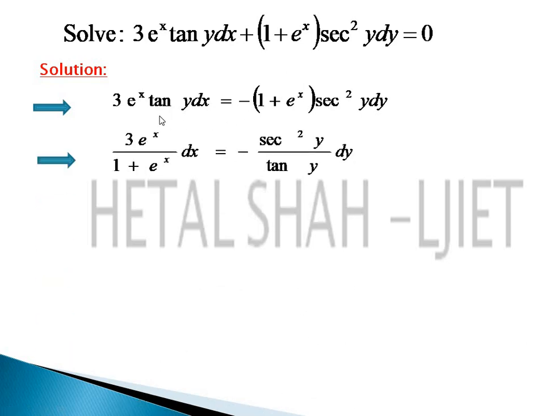For that we write 3e^x upon (1 + e^x) dx = -x^2 y dy, and this tan y we keep in the denominator. So here we separate both the variables, x with dx and y with dy.